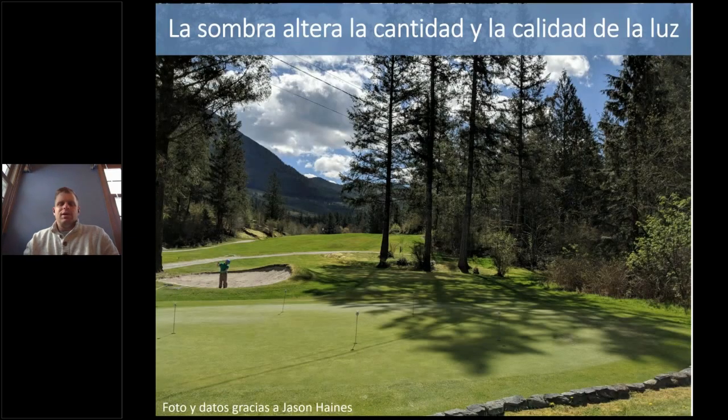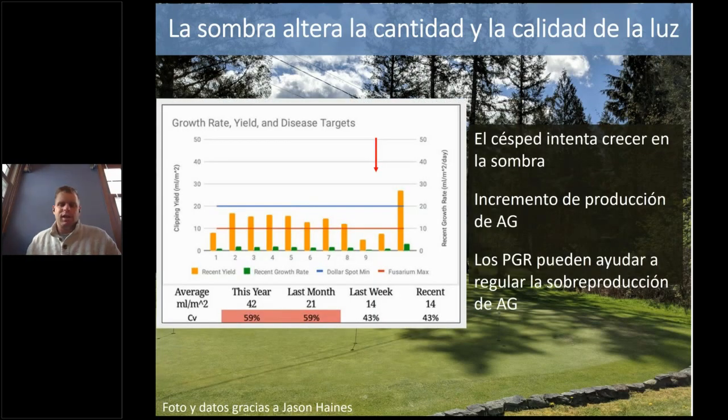Here's an example of how light impacts the production of GA. This is some data from Jason Haynes, where they looked at growth rate of his 11 putting greens, and he noticed that one of his greens always grows 40 to 50% faster than the other greens. Why is this?